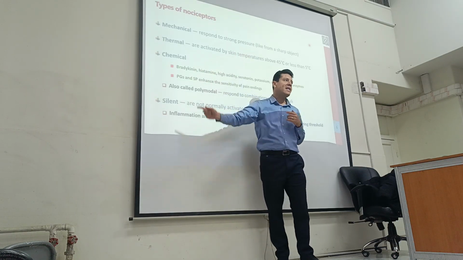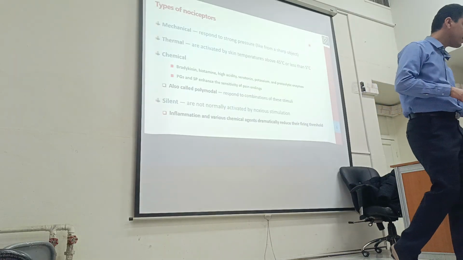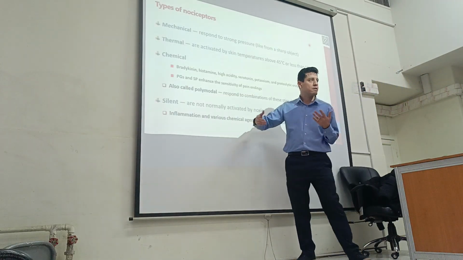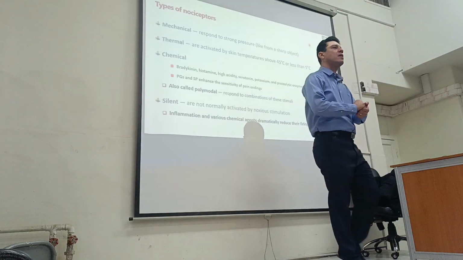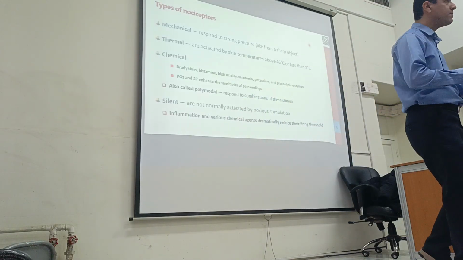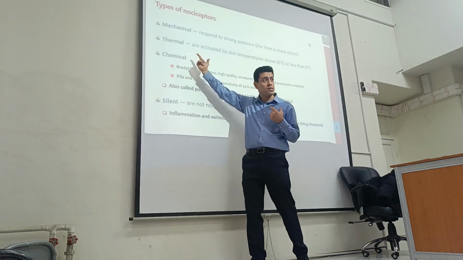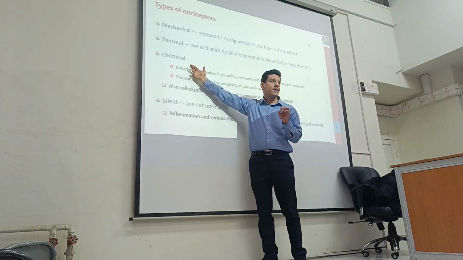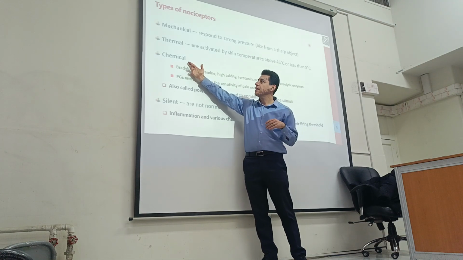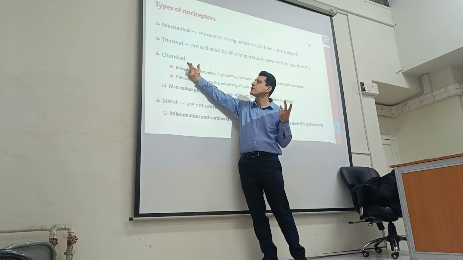So if a mechanical damage activates a nociceptor, it's a mechanical nociceptor. Some other times, a thermal stimulation like heat or cold may activate thermal nociceptors. Or maybe some chemical substances activate the nociceptor. So these are chemical nociceptors.